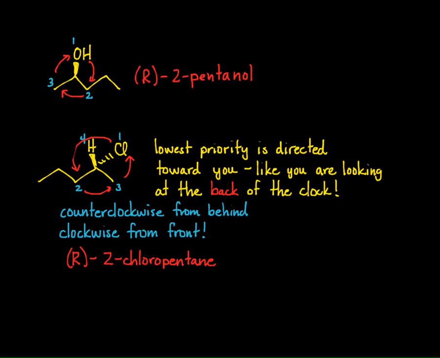So that's another type of orientation you may see for that lowest priority substituent. It could be going behind you, that's an easy case. It could be coming out at you, and you simply have to reverse the orientation. Or it could be in the plane of the board.